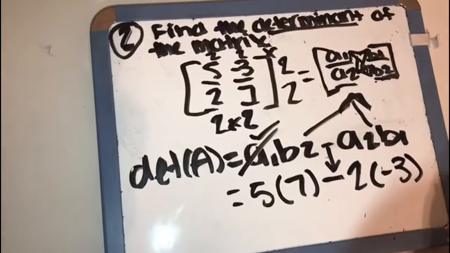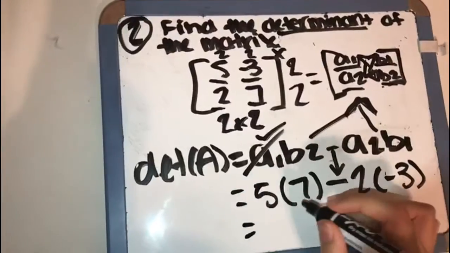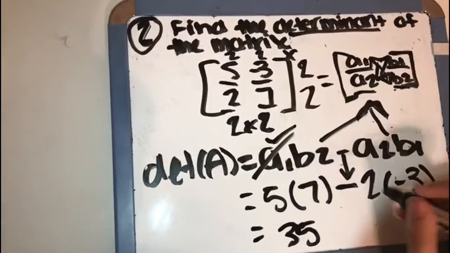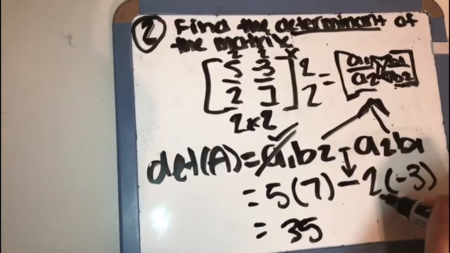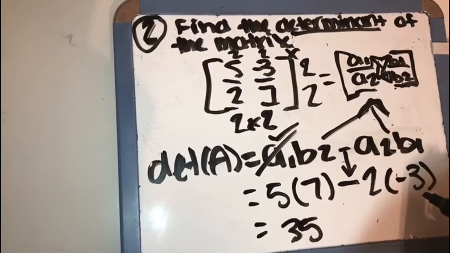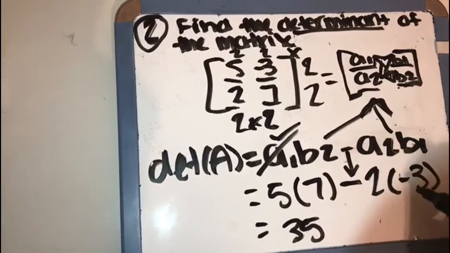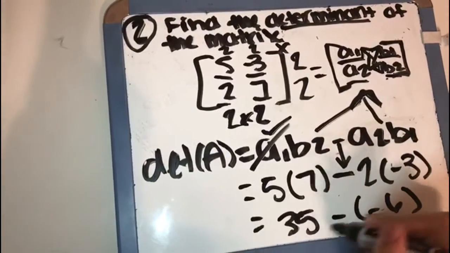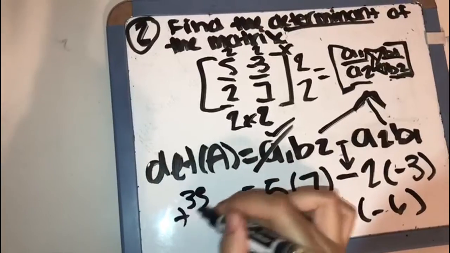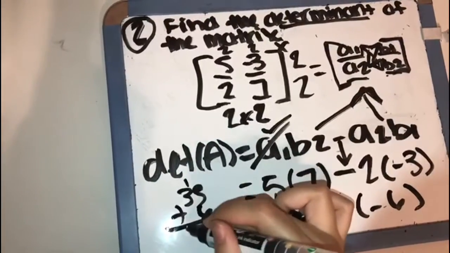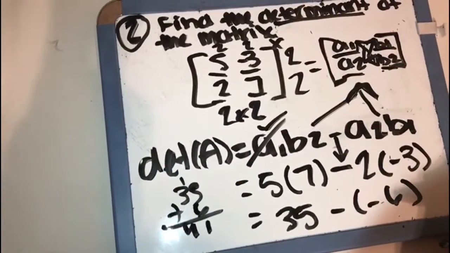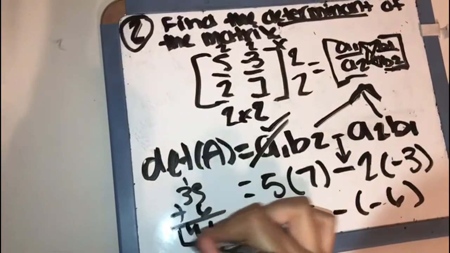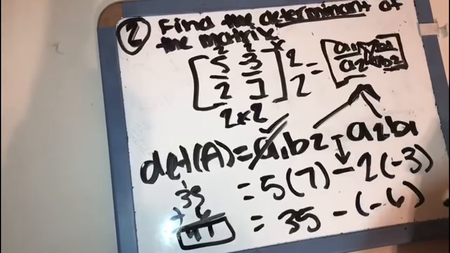Now we just have to solve it. 5 times 7 is 35, and 2 times -3 is negative 6. Then you have to add it. 35 plus 6 equals 41, and this is your answer.